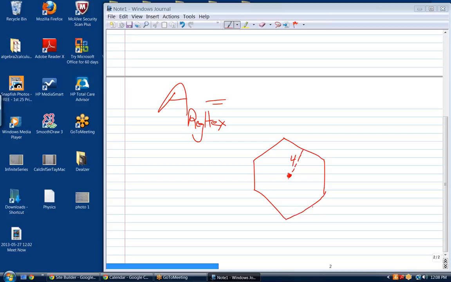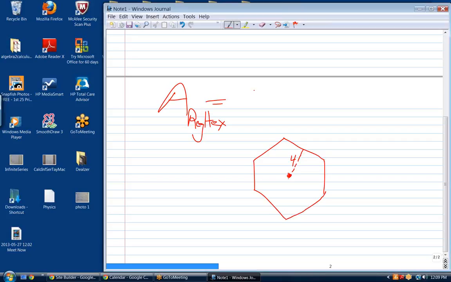What's the side length? There is no side length. You're not given a side length. What else do you know? That's it. You know that it makes it 90 degrees. That's fine. So what's the area of the regular hexagon? What's the general formula? I just gave it to you.